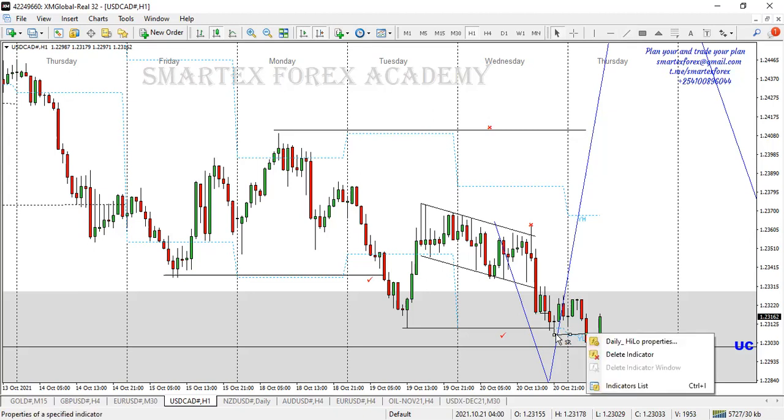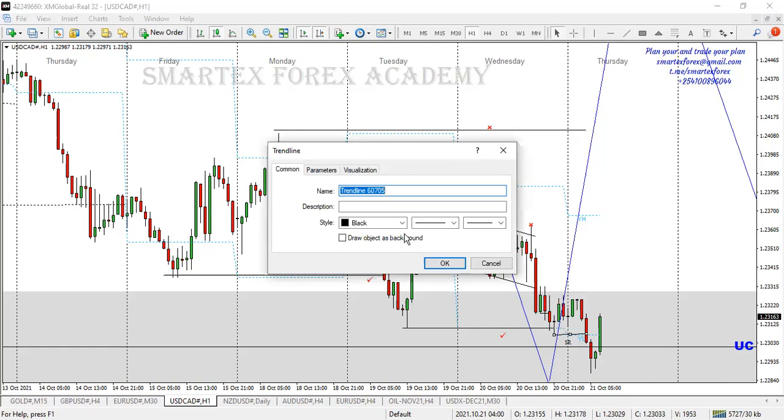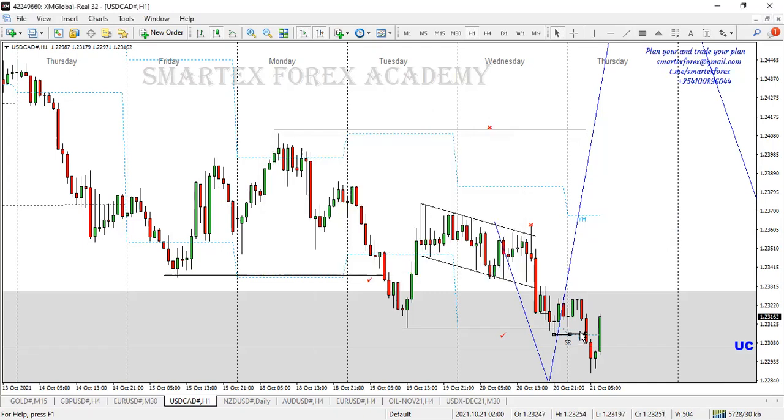Don't ask me the difference between a stop trade and a stop trend, make Google your friend. So this is our stop run right into this one, so this one becomes our target. For aggressive entry, this is the entry, stop loss here.